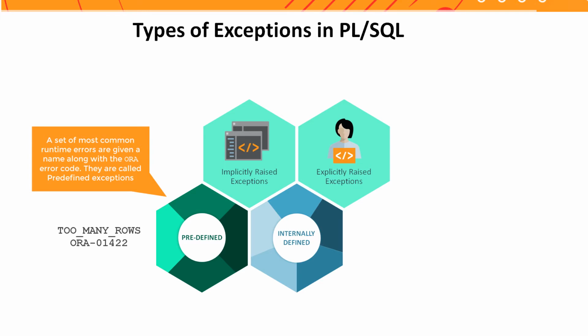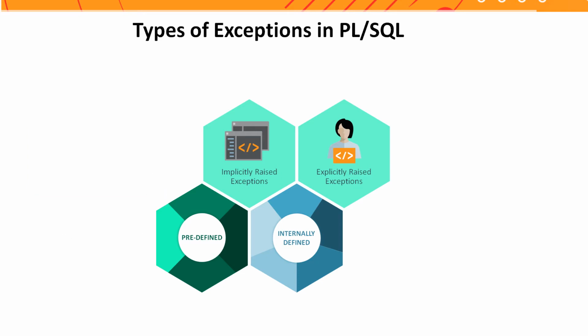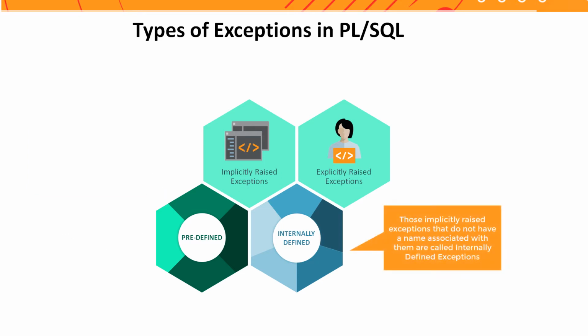For example, too_many_rows is a predefined exception that gets raised whenever an SQL query returns more than one row in its result set. Those implicitly raised exceptions that do not have a name associated with them are called internally defined exceptions.